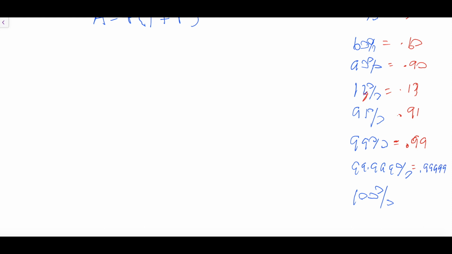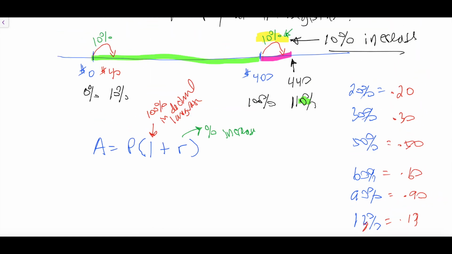And for the moment we've all been waiting for, what is 100% in decimal language? 1.0, which is the same thing as 1. So this is 100% in decimal language.